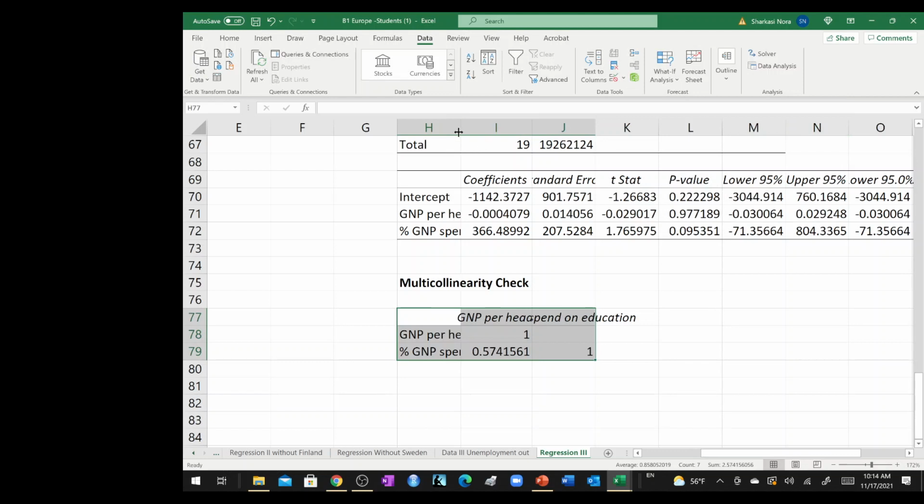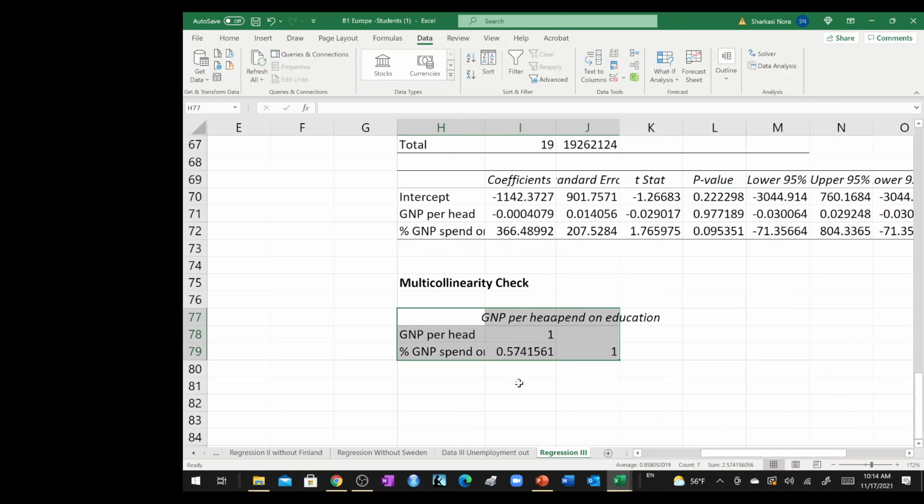Since we have only two variables over here, this is the Pearson correlation R, but R square is this. So this would be R square. And we can do it this way because we have only two variables.